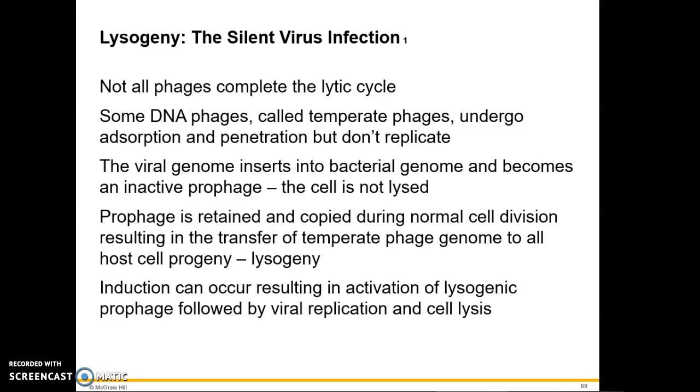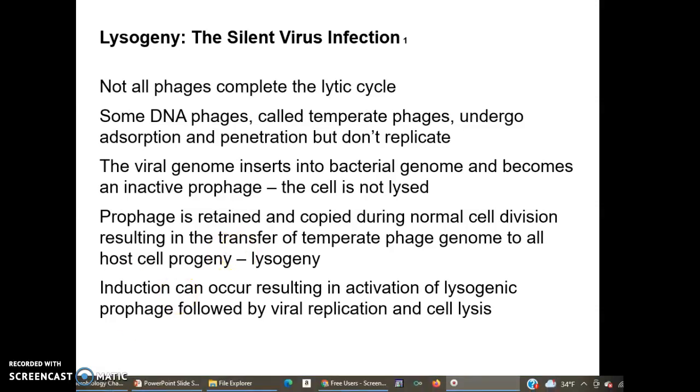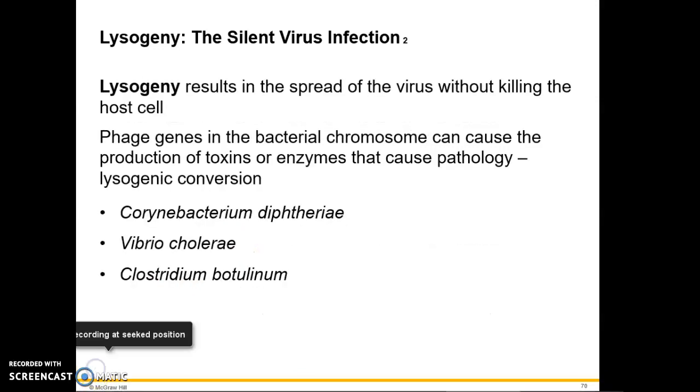Then what happens is that prophage is retained in the bacterial genome, and during cell division of the bacterial cell, then that DNA from the virus is replicated and results in transferring the temperate phage genome to all of the offspring of that host cell. That is called lysogeny. And that results in the spread of the virus without killing the host cell.